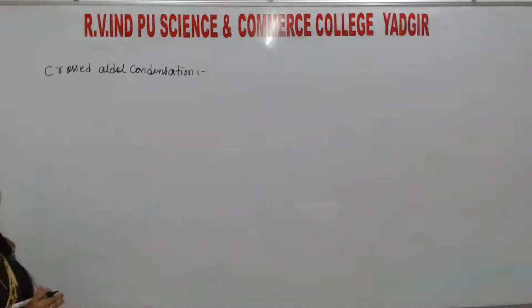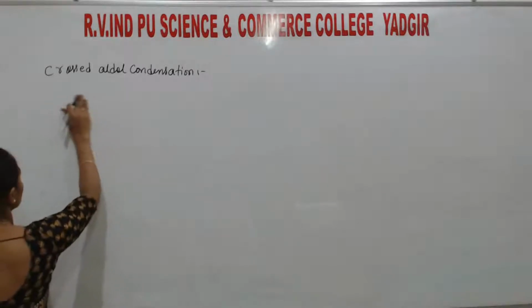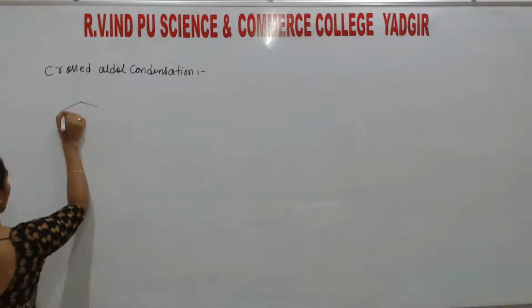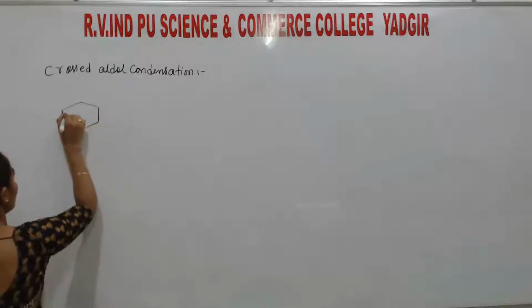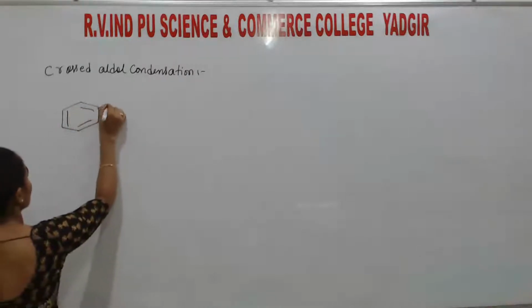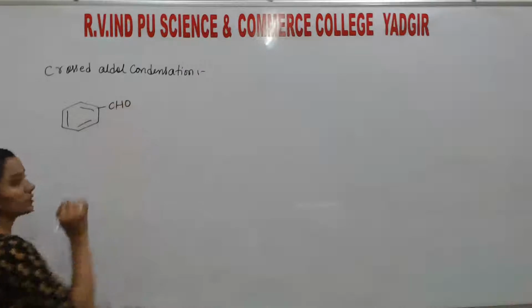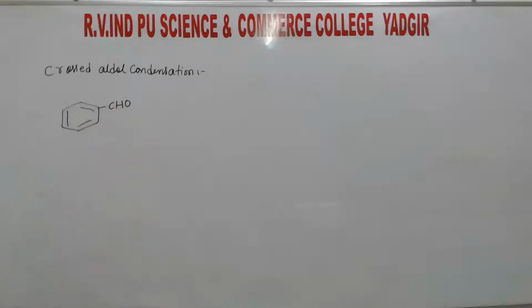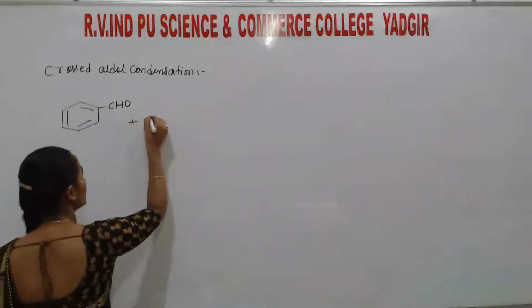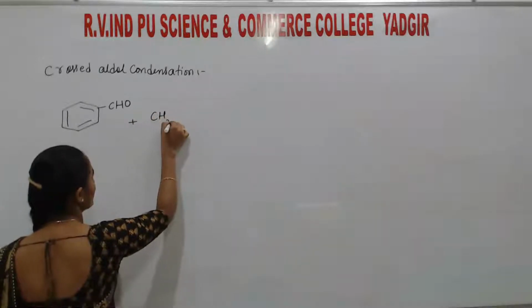Okay, so an example for that: at least one should contain alpha hydrogen. This is benzaldehyde and acetophenone.